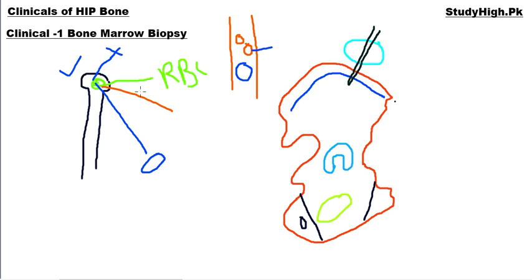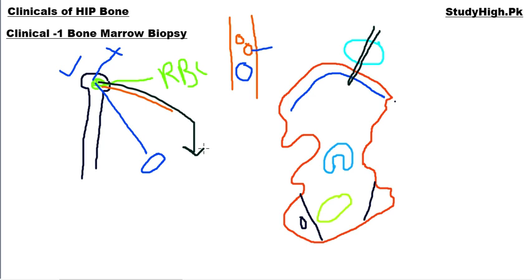So for performing a bone marrow biopsy, the hip bone is helpful in extracting the bone marrow from the body, in diagnosing whether a patient is suffering from anemia, leukemia, or which disease, or whether the bone marrow is working properly or not. So this is the role of your hip bone.